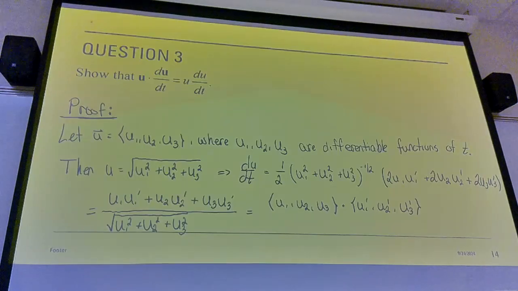It's a dot product. Not just U1, U2, U3 dotted with U1 prime, U2 prime, U3 prime. But isn't that first vector just the vector u? What's that second vector?